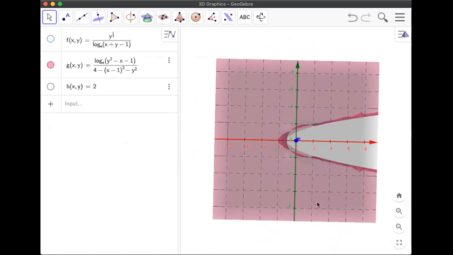So this is the y-axis, this is the x-axis. You can see the parabola somewhere here, and you look at this part here. There's some white part here tracing the circle. It's white because it's not included in the domain.